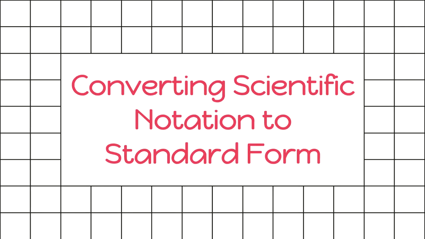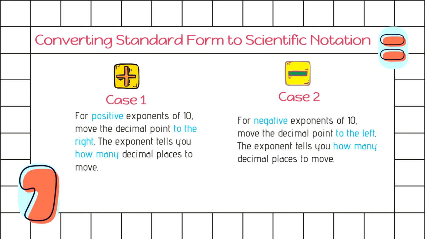Now let's do the vice versa. How do we convert scientific notation to standard form? Here we also have two cases. The first case, if we have positive exponents of 10, we have to move the decimal point to the right, and of course, the exponent tells us how many decimal places we have to move.